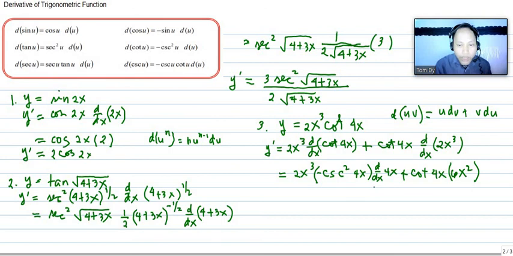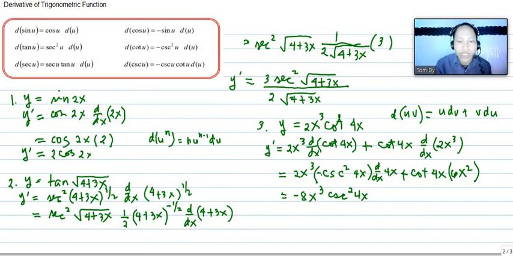So when we have here the derivative of 4x, that is 4 times negative, so negative 4 times 2, that is negative 8. So negative 8x cubed, and then we have here cosecant squared of 4x. This is now the result of the derivative of this part. Take note, 2x cubed times negative, that is negative 2x cubed, and then the derivative of 4x equals 4.